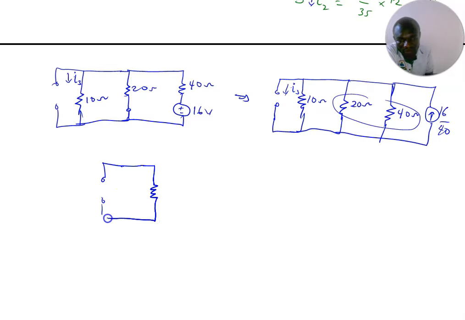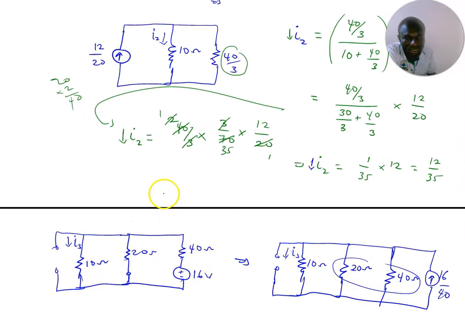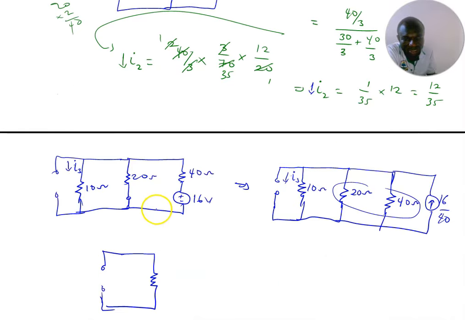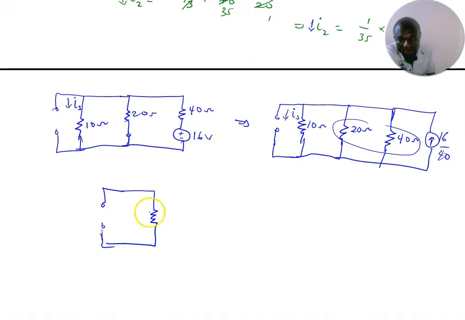So we have something here like this. And this is going to be 40 on 3 as the total resistance. So we have 40 on 3 here. No, sorry. We have the 10 ohm resistance here. Then we have 40 on 3 at this point.